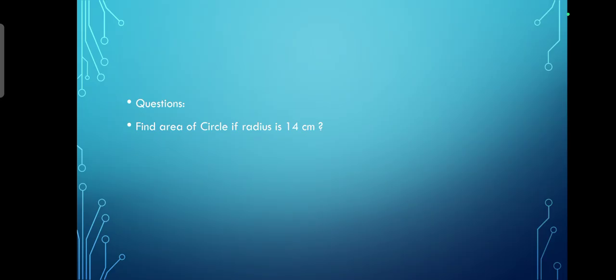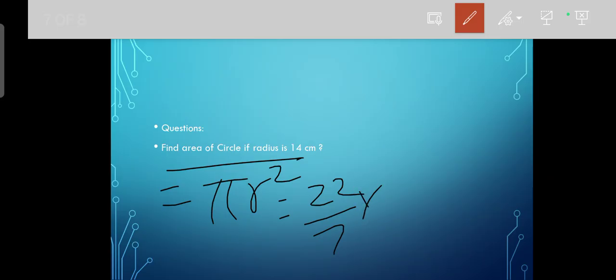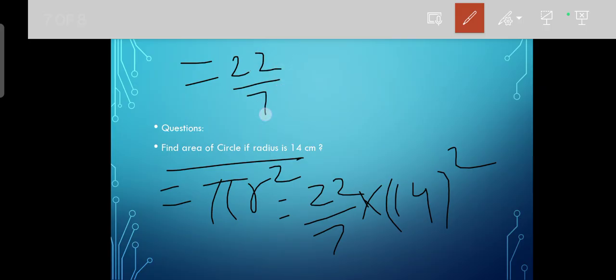The first question is, find the area of a circle if the radius is 14 centimeter. We know that for finding the area, the formula is pi r square, and the value of pi is 22 upon 7, multiplied by r, which is the given radius 14, square. So 22 upon 7 multiplied by 14 square means we write 2 times 14. 7 2s are 14. We will cancel this 14 with 7, because 7 is the denominator and 14 is the numerator.